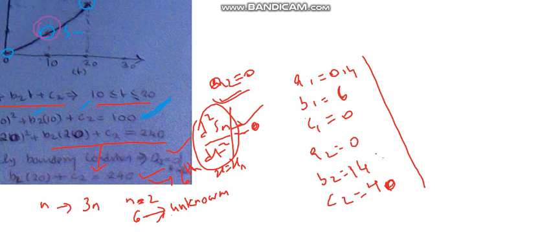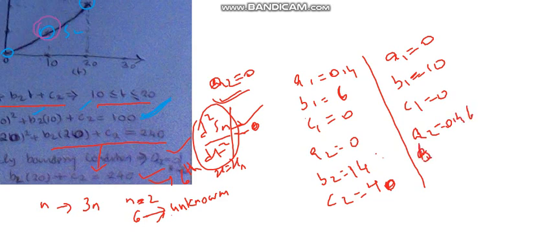If you consider that case, then the first spline will become linear, and you have different coefficients: a1 equal to 0, b1 equal to 10, and c1 equal to 0, and a2 equal to 0.46, b2 equal to minus 0.0531, and c2 equal to 40.